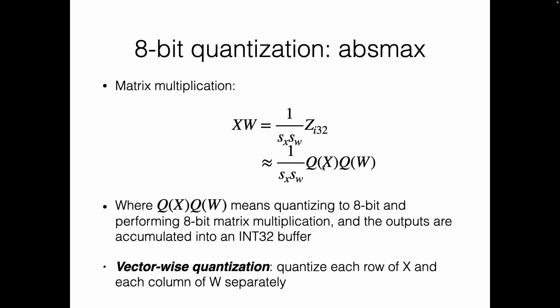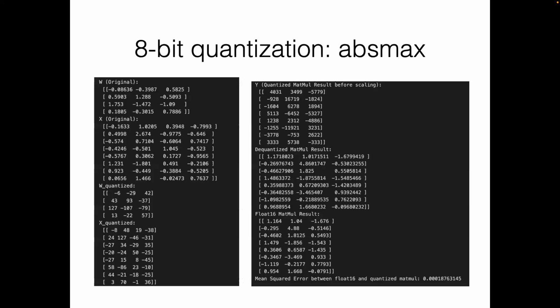And then for each dot product, you'll have one of these scale multiplications to dequantize. You can do this more fine-grained; it's called vector-wise quantization. And that'll turn out to reduce the error.